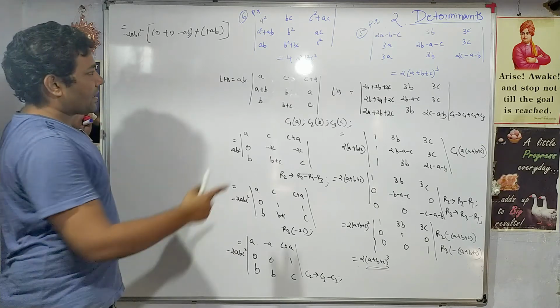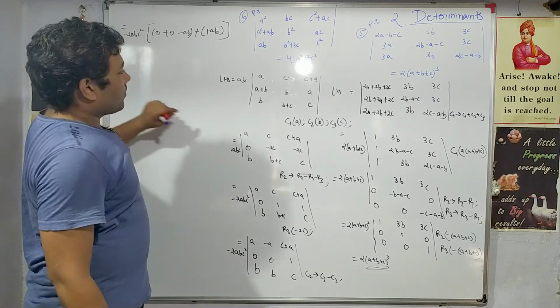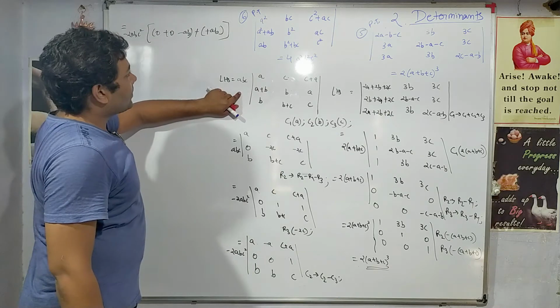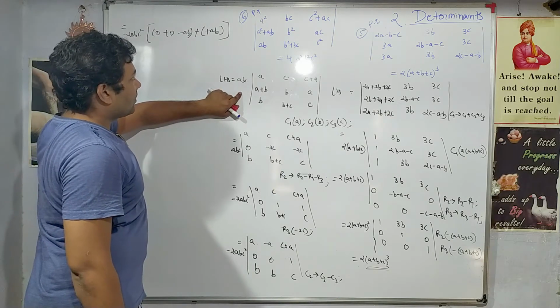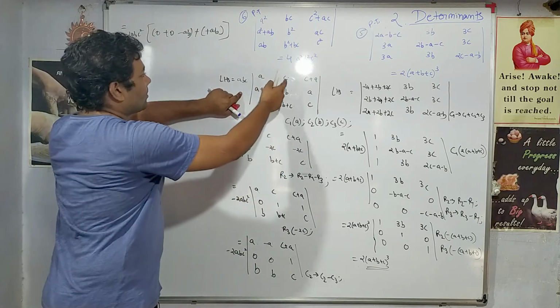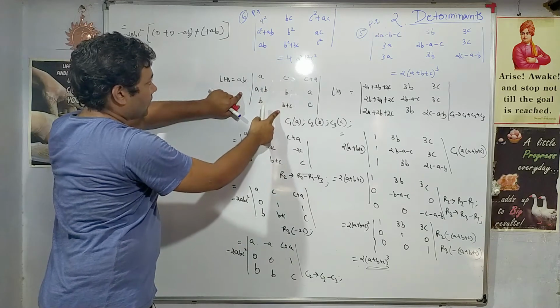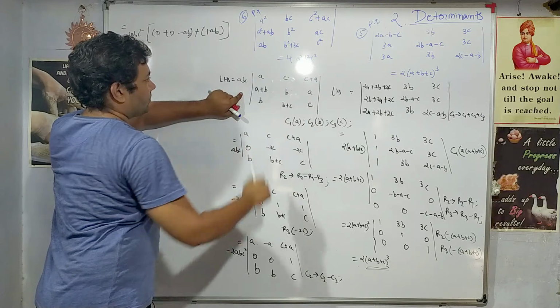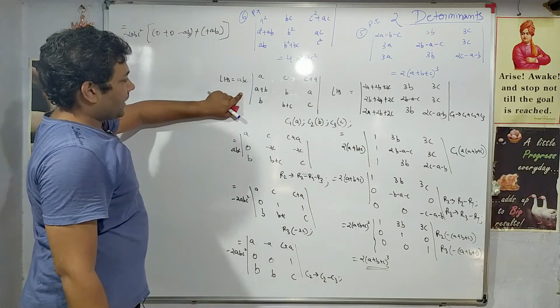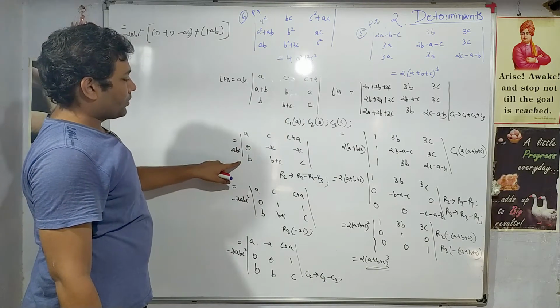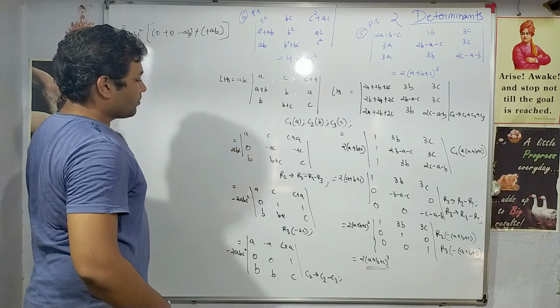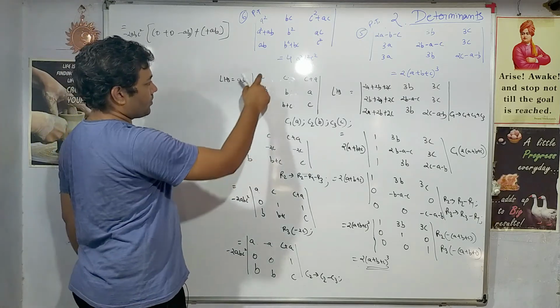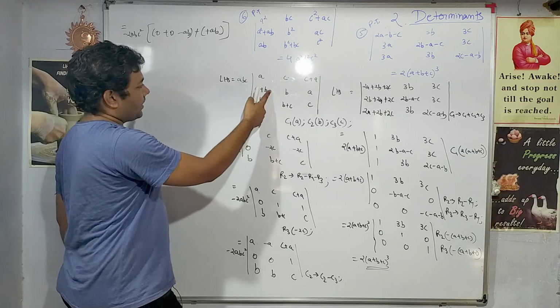So still I have not got A square, B square, C square. Something is wrong. Let us identify. So what did we do here? In the column 1 we took out A common, column 2 we have taken B common, column 3 we have taken C common, correct? Then we have carried out the operation on the row 2, that is row 2 minus R1. This one if I do subtraction here, A will get cancelled.